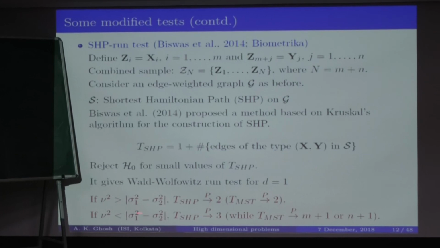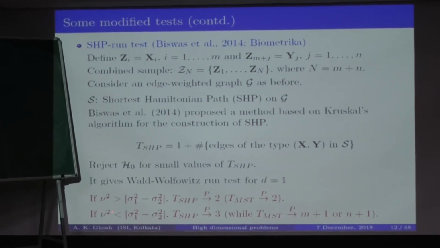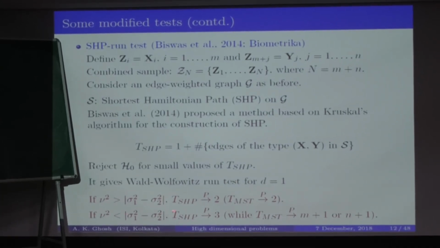But when the location difference gets dominated by the scale difference, we have a situation like this. This DFG lies between these two. So we know the neighborhood structure gets violated because y no longer has neighbors from the y population. And when the neighborhood structure gets violated in higher dimension, we do have some strange problem.